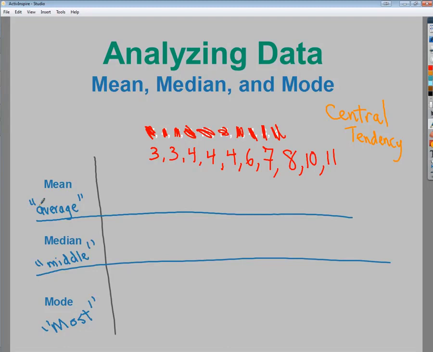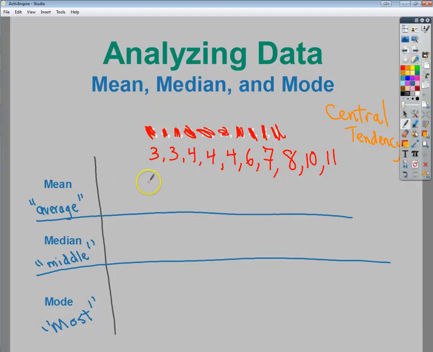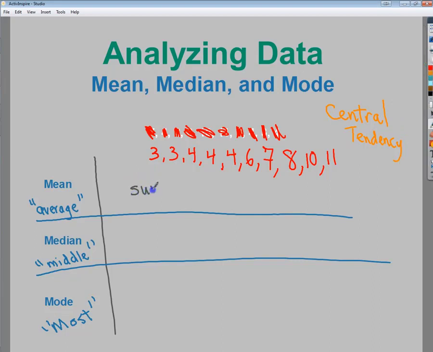Anyway, so really what you're dealing with is the sum of the values. So add them all up. And then you want to just divide by how many there are, so the number of values.